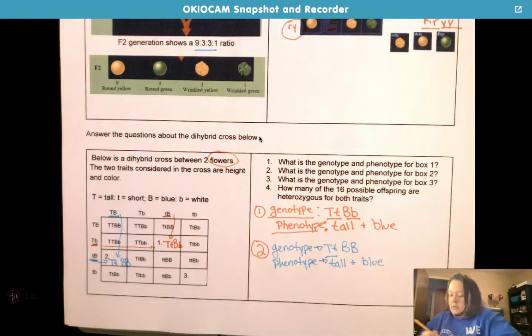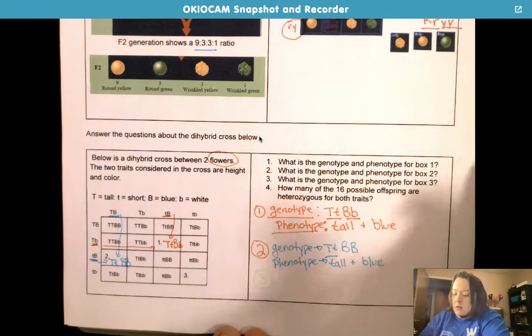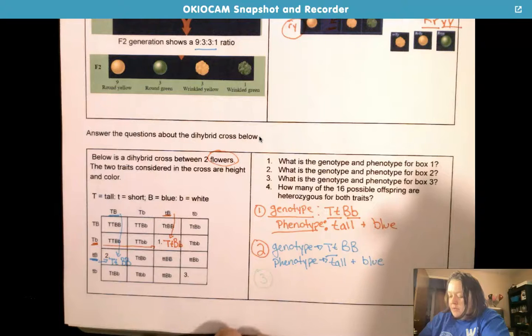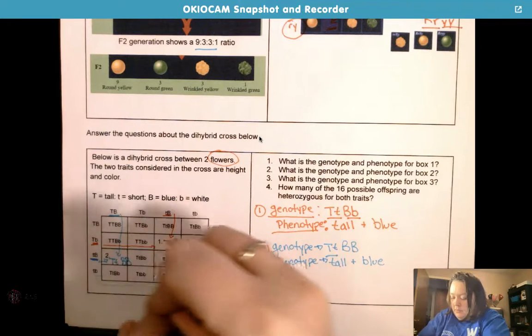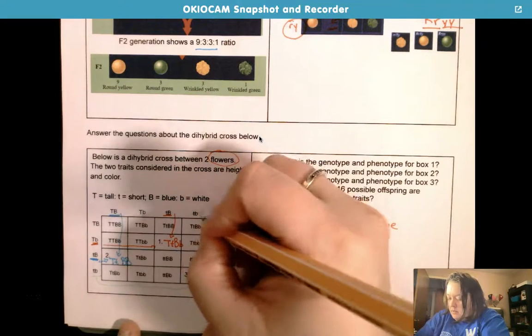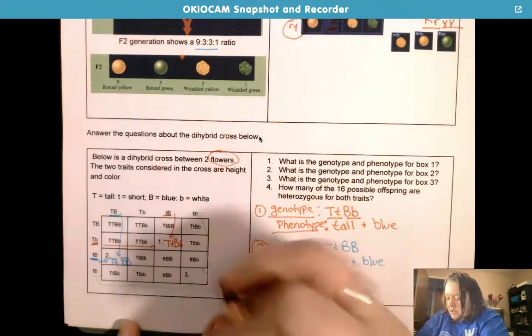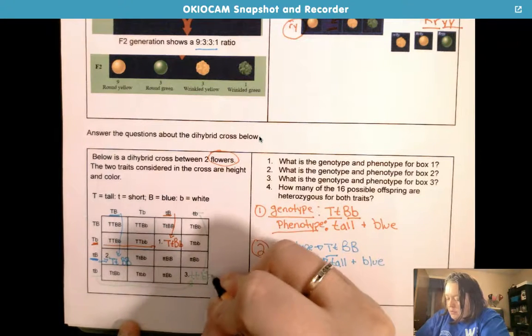All right, now moving to number 3. Number 3 says, what are the genotype and phenotype for box 3? For box 3, we're going to have this parent giving those alleles, this parent giving these alleles, and they combine. For T's, there's going to be 2 small t's and also 2 small b's for box 3.